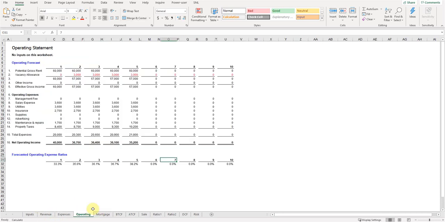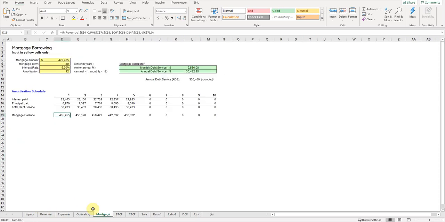So going through, now we have our operating forecast, we have our mortgage balance. This is automatically input at 75% loan to value, so you're basically putting up a 25% down payment. You can adjust this number by putting it in on the inputs tab.